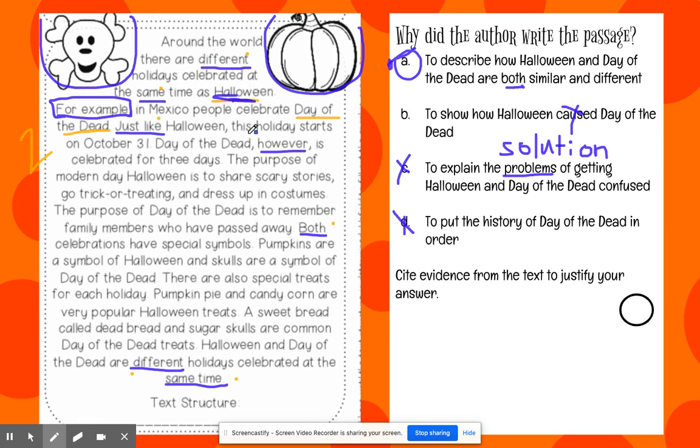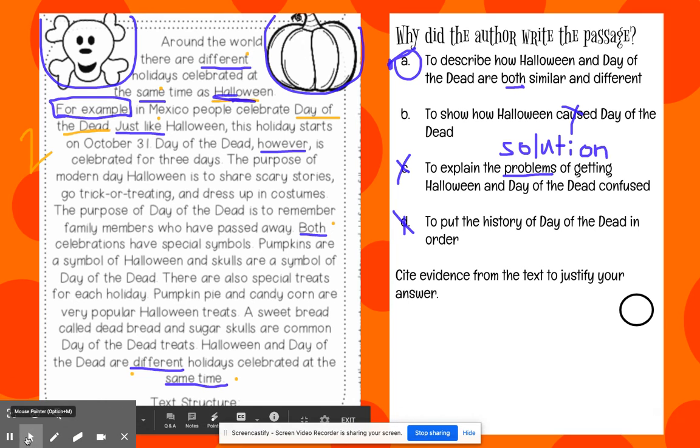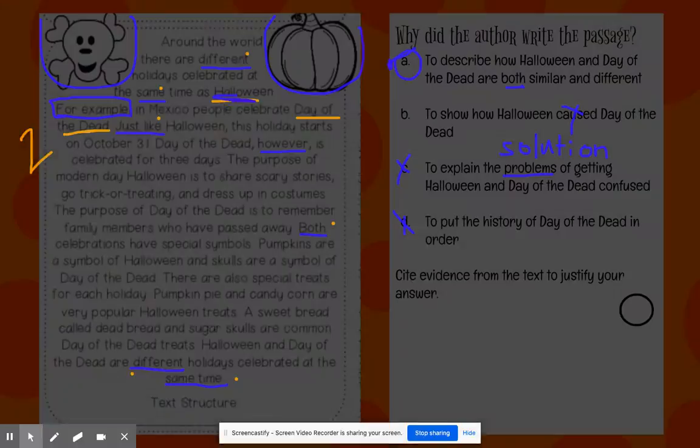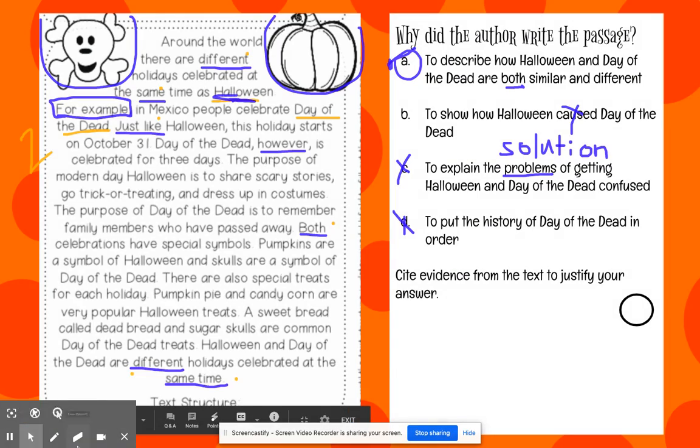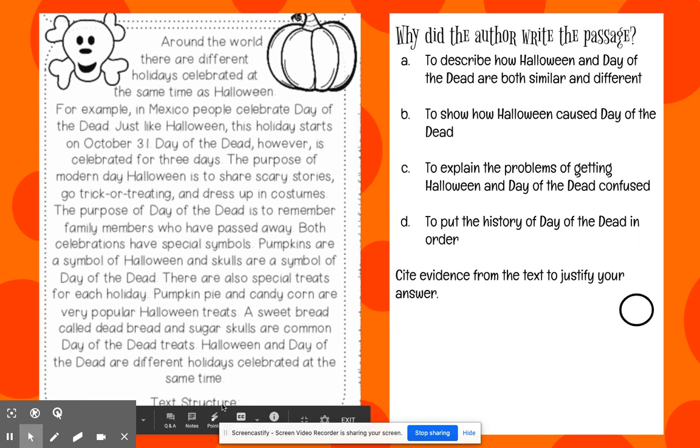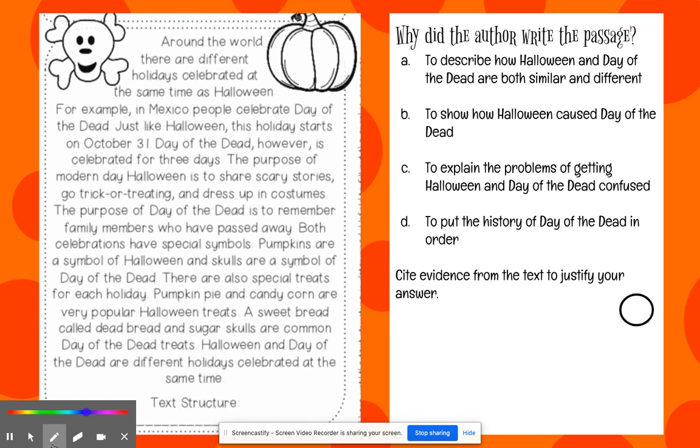Okay, but I know also that I need to cite with word for word evidence. Oh, I guess I don't have it on there. My apologies, kiddos. What I would do here is that I would pick a sentence or two sentences that are going to sum up this idea that Day of the Dead and Halloween are similar and different.